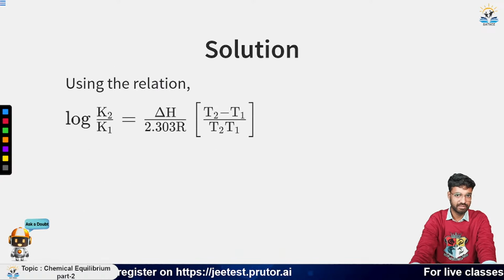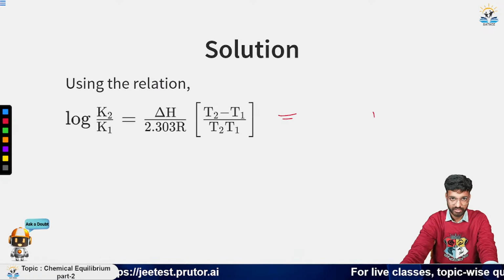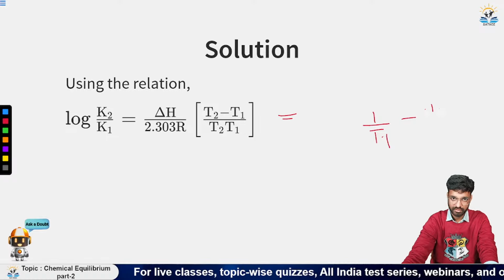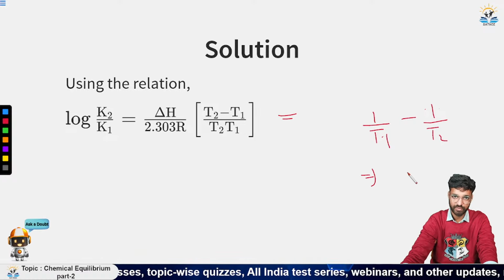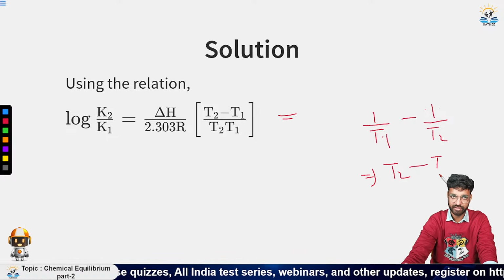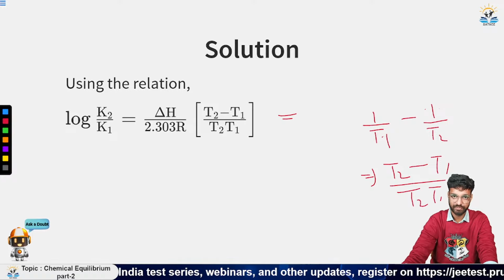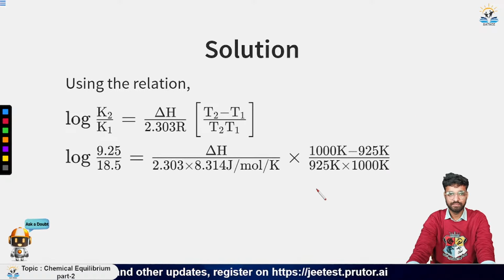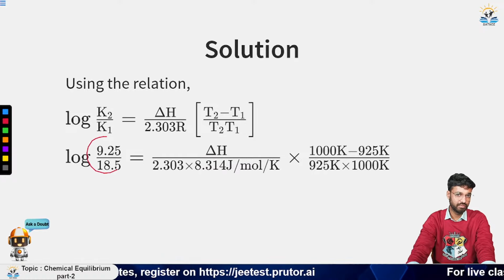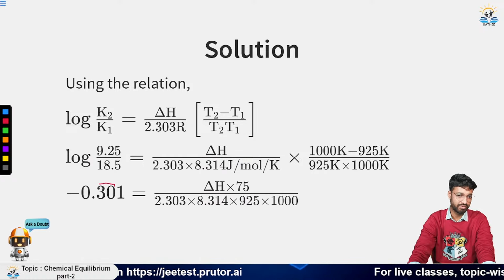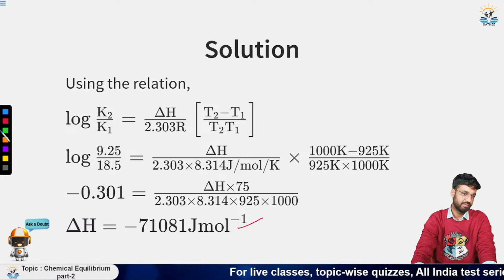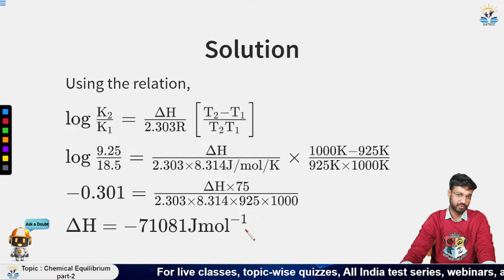We have just moved this relation further forward. If you write this, what does it imply? T2 will multiply on this side, minus T1, which will be T2 T1. So the same thing is written here. Now we'll put these values here. Now we'll get this. So this is the final answer. Okay, this is clear.